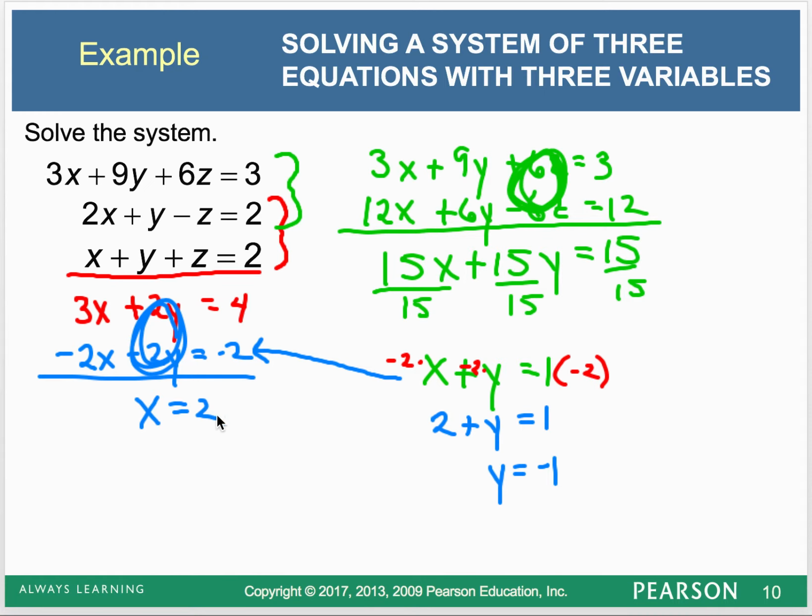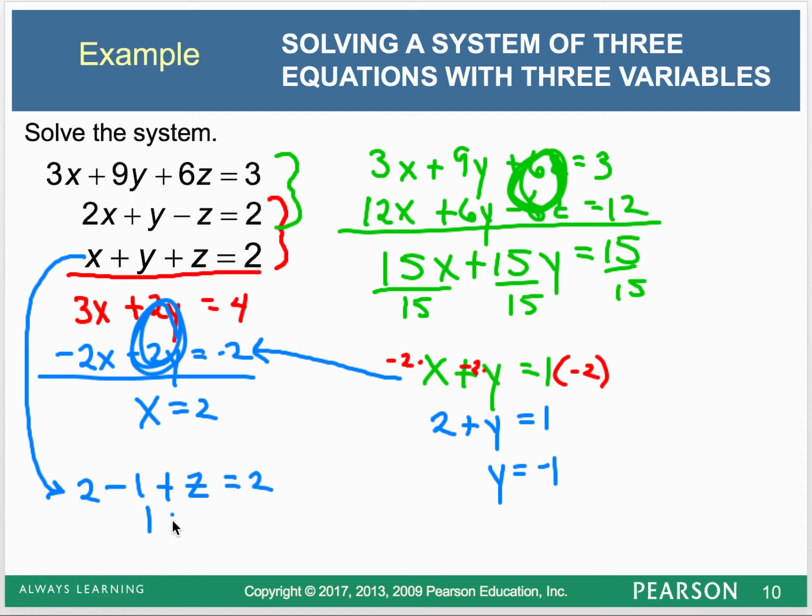Now that I know x and y, I can plug it into one of these. I'm going to plug it into this bottom one. Since it's -1, instead of putting plus -1, I'm just going to put -1 plus z equals 2.